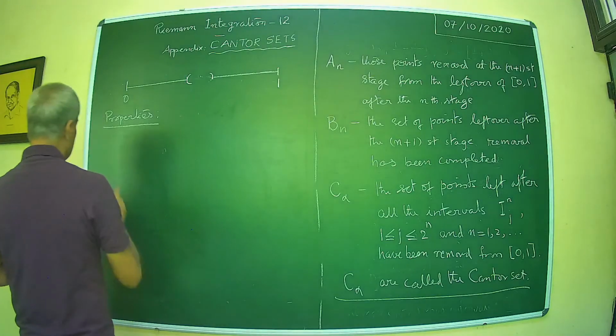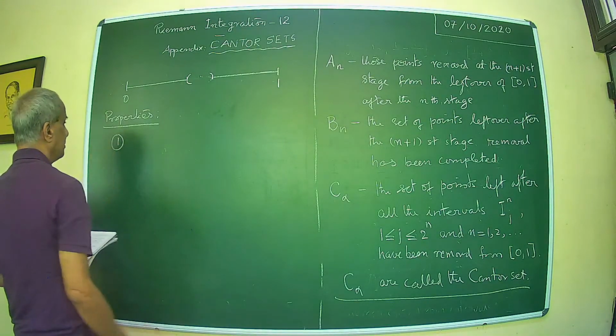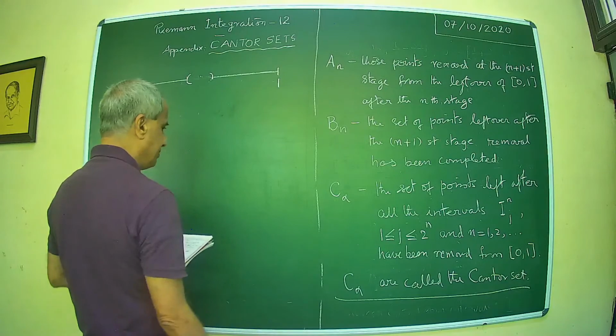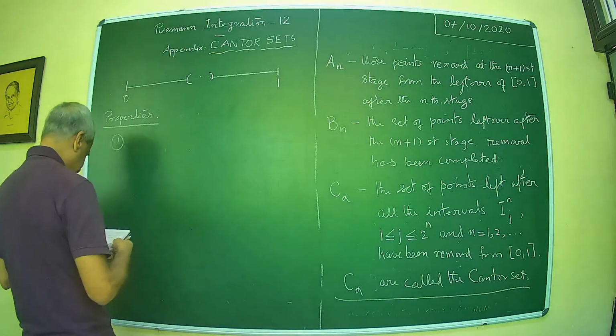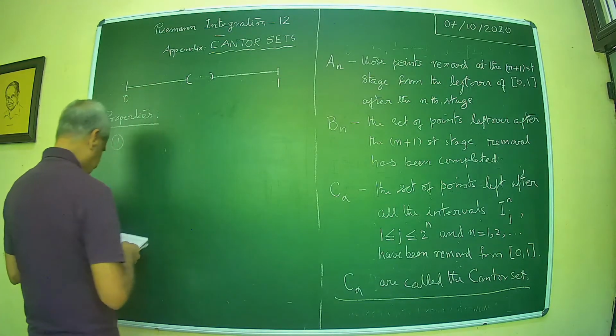Okay, so the first property is that, because we have already observed that C alpha is closed, we'll make once again compare that.